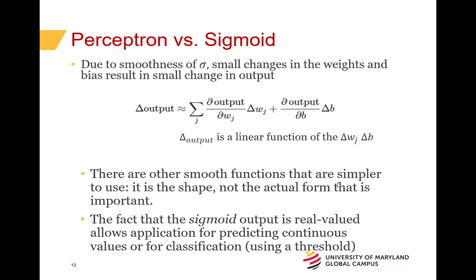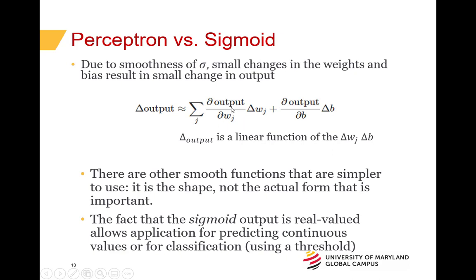So due to the smoothness of a sigmoid, you remember the challenge that we discussed is that when we make small tweaks to the weights and the biases, the perceptron output jumps. But because of that smoothness, the sigmoid function actually results in a small change in the output. That is the output as a result of, so this is a partial derivative.